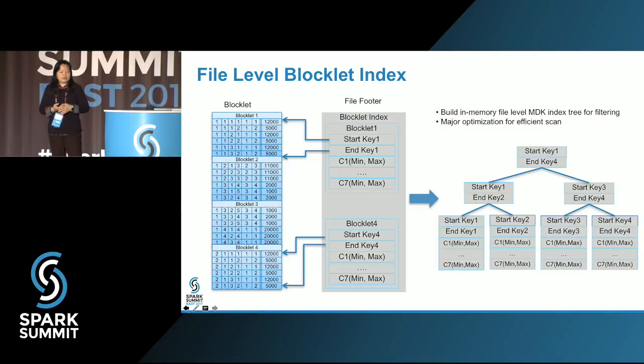Each block index node contains the start and end key of the MDK index, and also the min-max value of each column. At runtime, with this information we build an in-memory representation of the blocklet index, a B-tree index for efficient filtering. We are finding it very optimal, doing a much better job of filtering out blocklets within a file, in a way that we can safely exclude more blocklet scans compared to a min-max index alone.